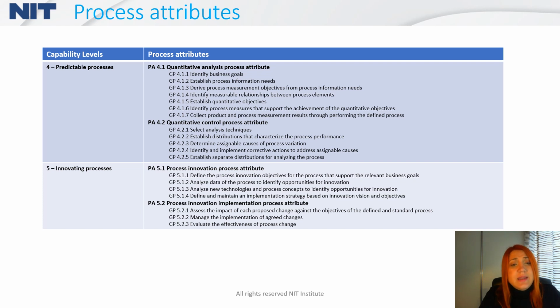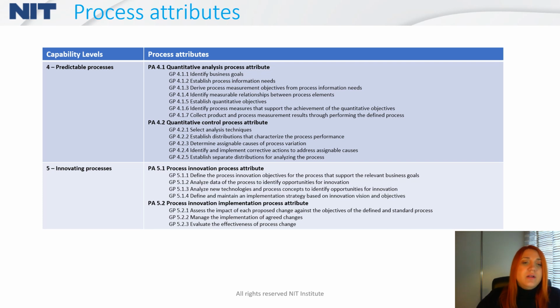It means that we now want to have some identification of what are the things that we want to do, in a way that we can measure them, of course, on the company level, and to go even further to think about our future. In the PA 4.2, we have quantitative control process attribute. It means that we will control the processes of the previous process attribute.